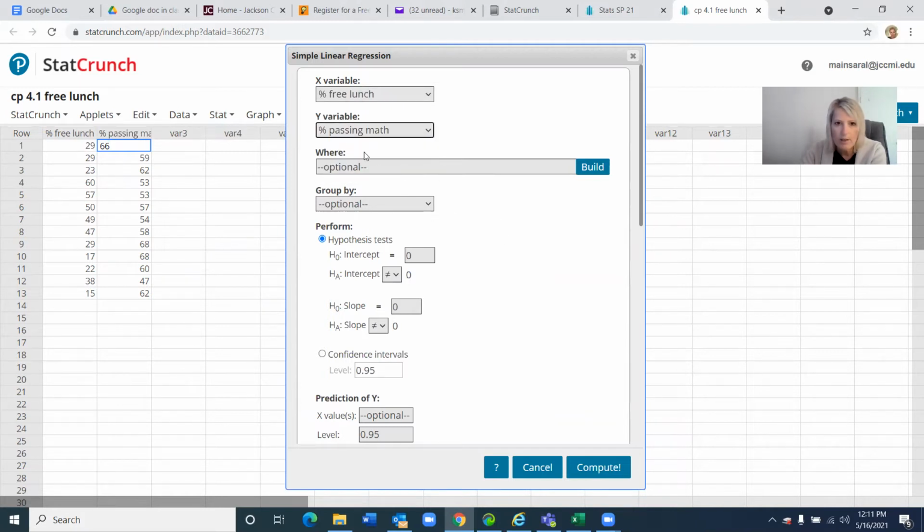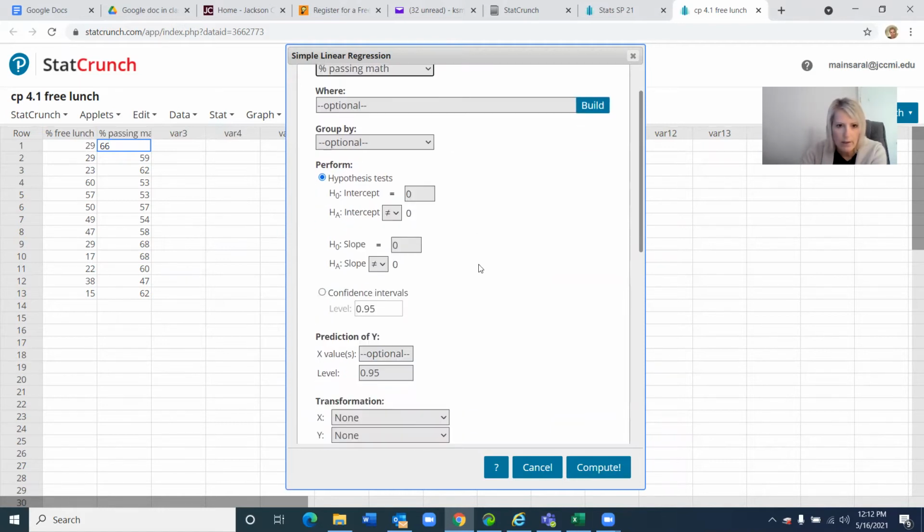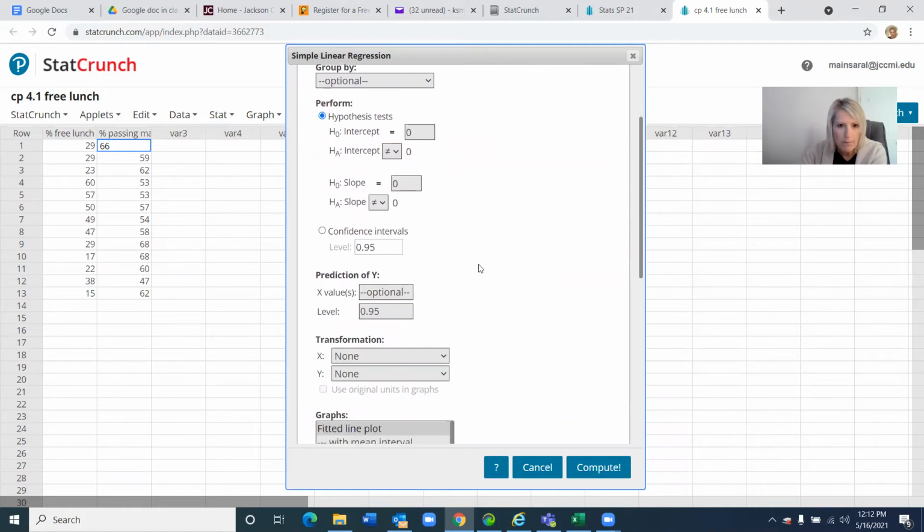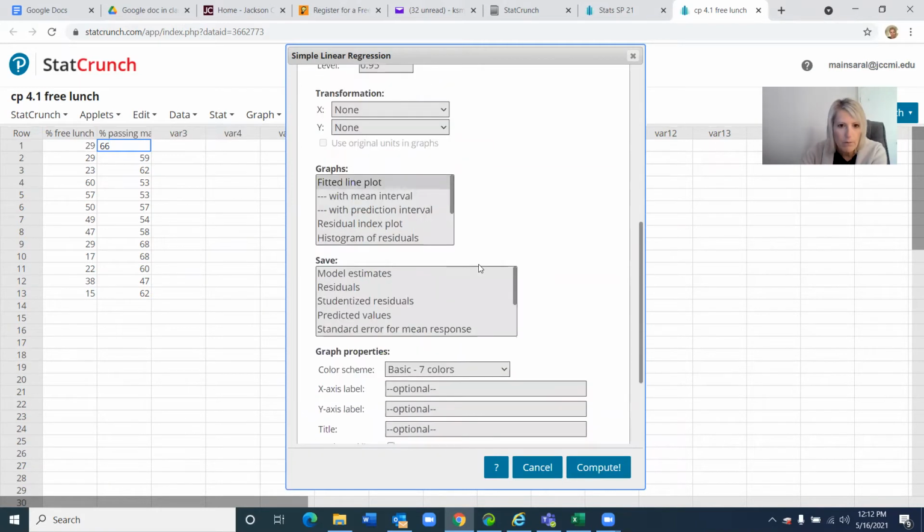Then we are going to leave the where optional and the group by optional. We're not doing any hypothesis tests. We can leave all that there. We just want to look at the model estimates, the residuals, and everything.